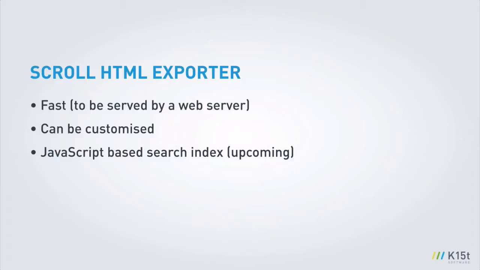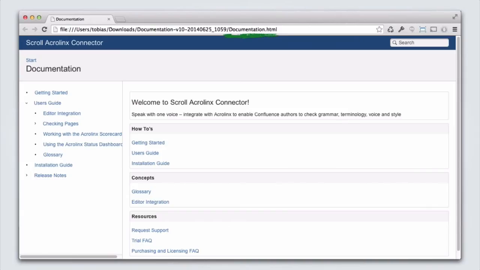It looks basically like this. Not too bad, but still it's not really interactive. For example, if you want to update content, you always have to go back to the Confluence server, log in, update the page there, do an export again, and upload it to the web server again. So it's also not really optimal.